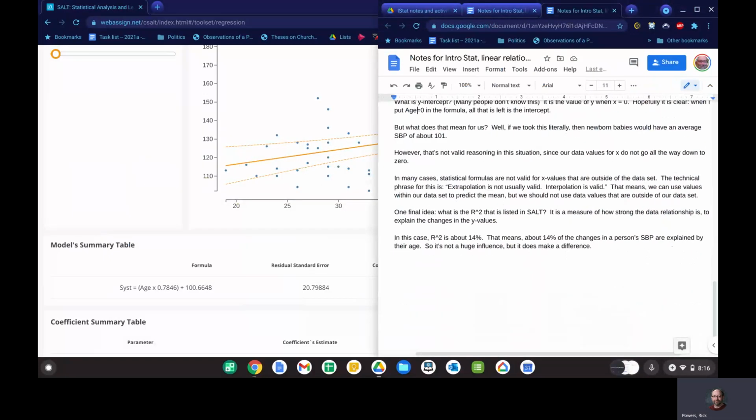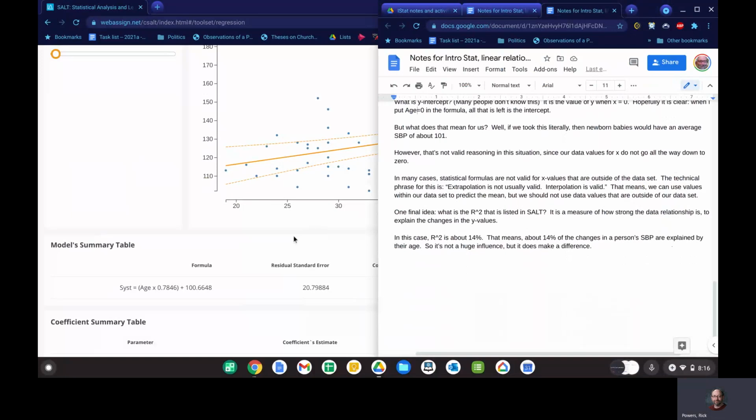In many cases, statistical formulas are not valid for x values which are outside of the data set. The technical phrase for this is extrapolation is not usually valid. Interpolation is valid. That means we can use values within our data set to predict the mean, but we should not use data values that are outside of our data set.